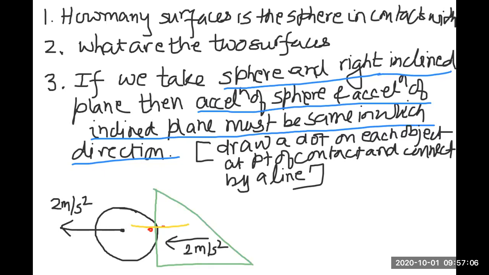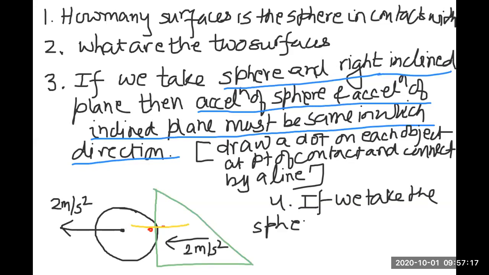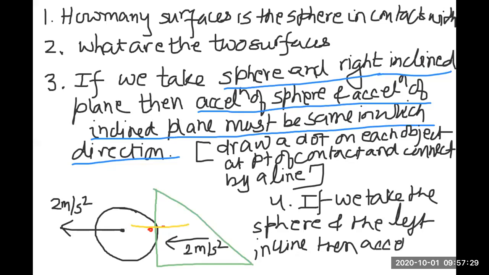Okay. Question number 4. If we take the sphere and the left incline, then acceleration must be same in which direction?